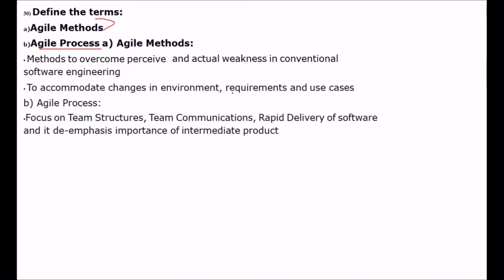So we have to accommodate the change in the environment, requirements and use cases. Agile methods deal with that. And if you talk about agile processes, they focus on team structures, team communications, essence of delivery of software rapidly, and it de-emphasizes importance of intermediate product. Right?